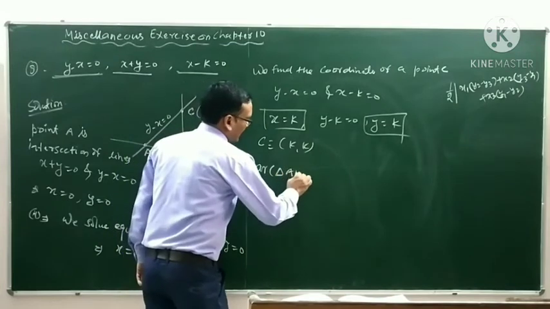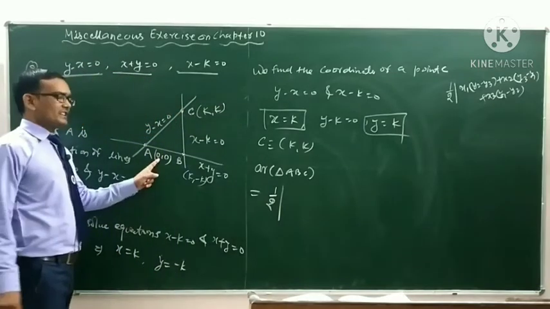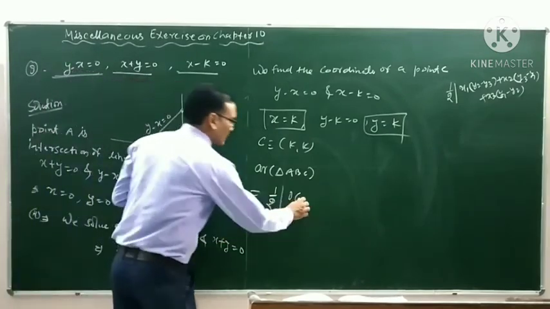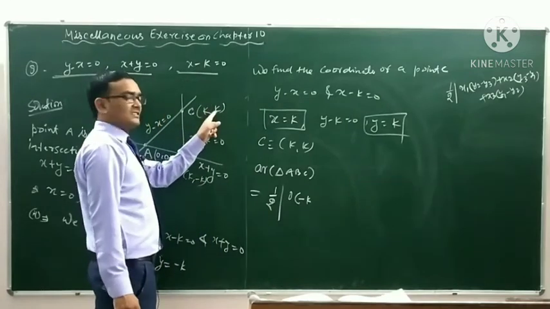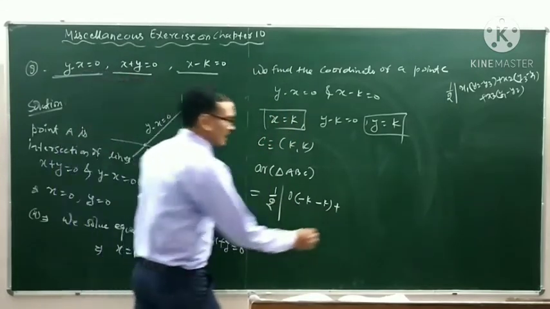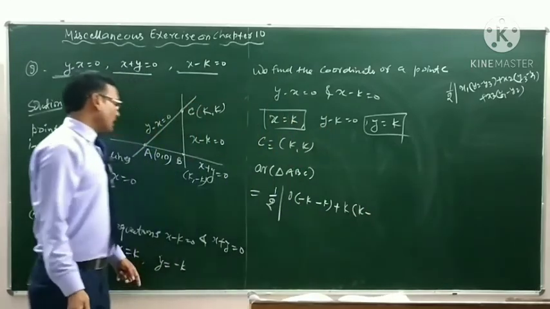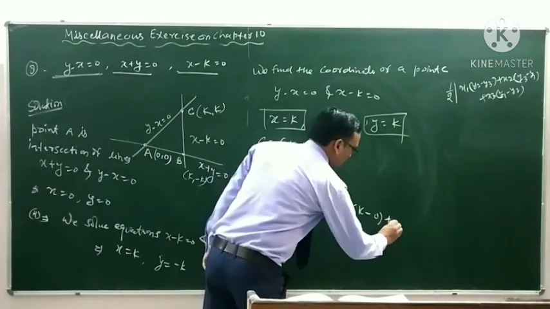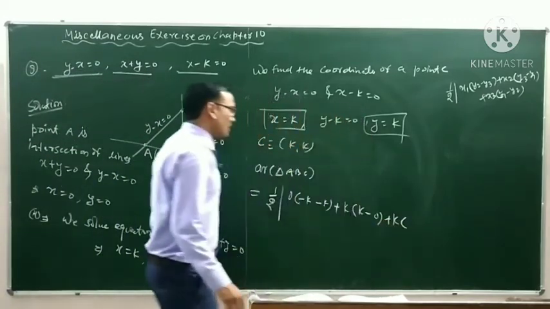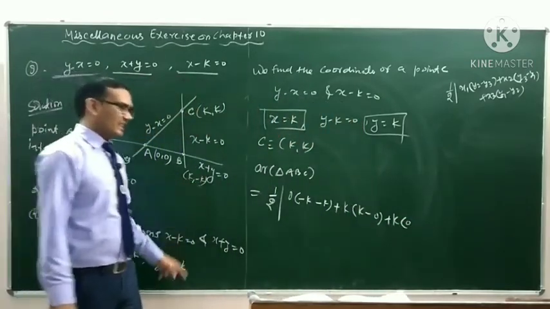Area of triangle ABC is equal to 1 by 2 mod of, here x1 is 0 into y2, y2 is k minus k, and y3 is also k minus k, plus x2, x2 is k, y3 is k minus y1 is 0, plus x3 is k, y1 is 0 and y2 is minus k, that means plus k.